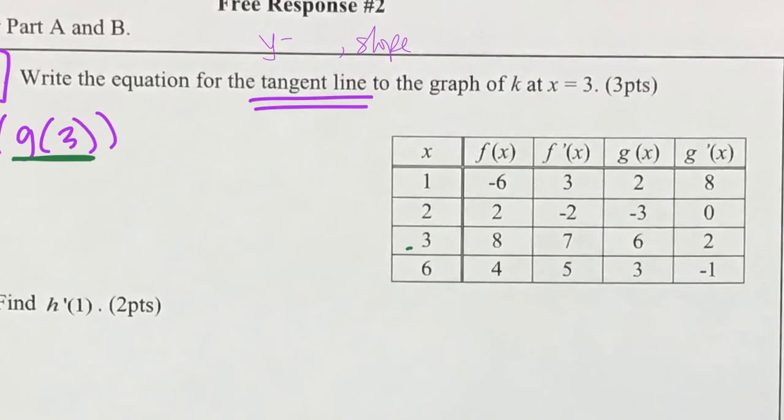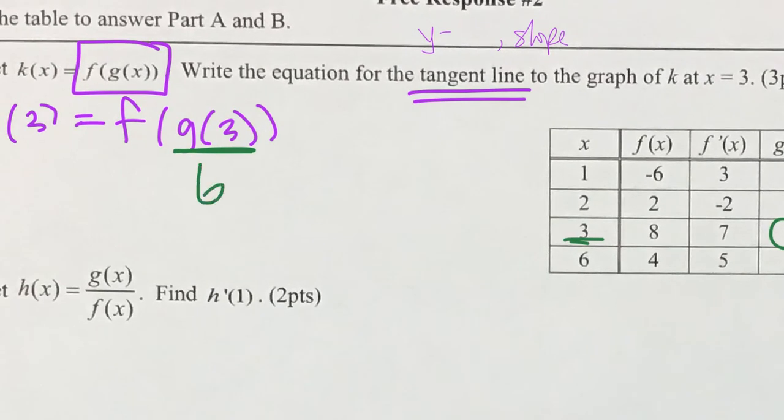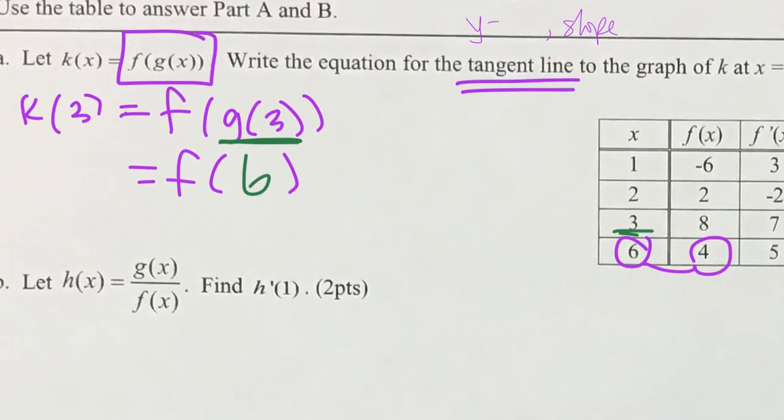So when x is 3, g is 6. Perfect. So we replace that with 6. And now I'm looking for f of 6. So my x value is 6 in my f column. I get a y value of 4. Okay, so I have a y value when x is 3, y is 4.